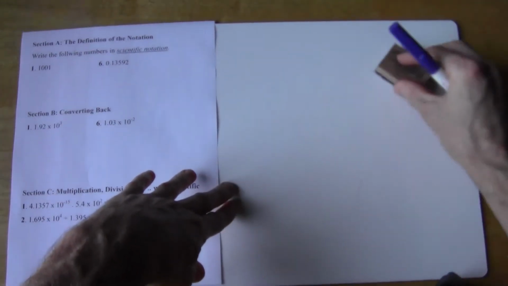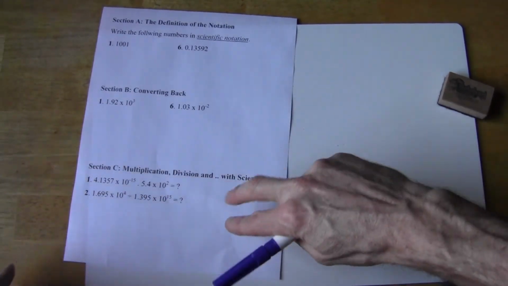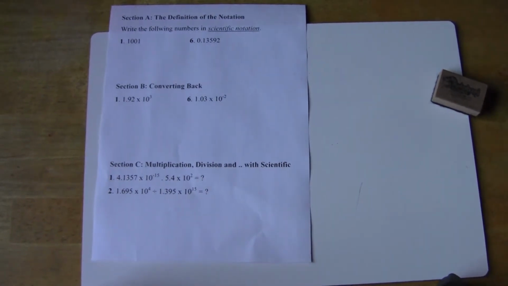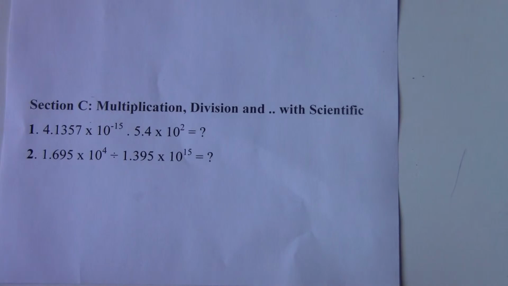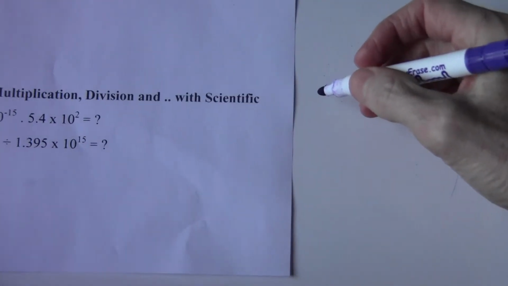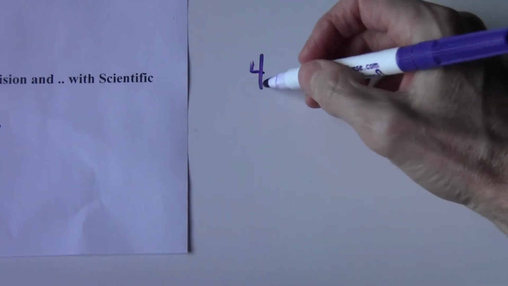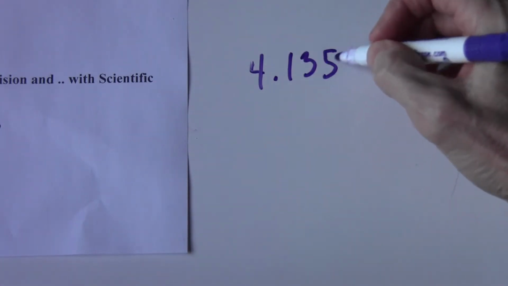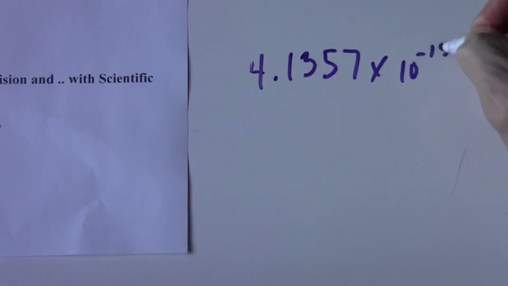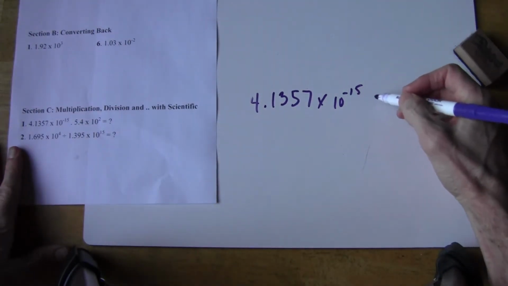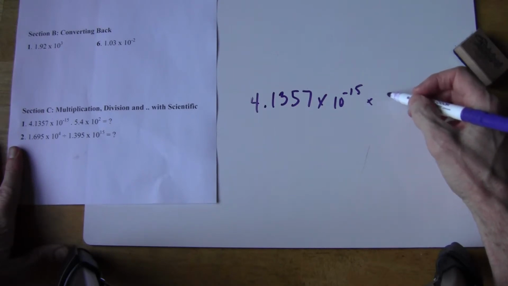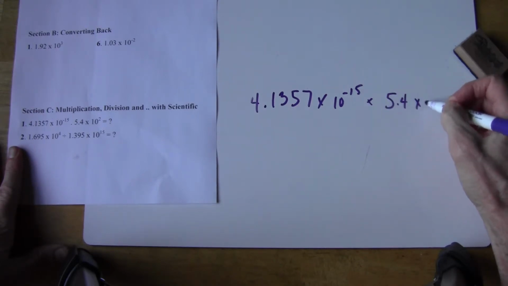Now the last style is a little more challenging. They're going to ask you to multiply or even divide, maybe even add with scientific notation. So let's look at this problem right here. 4.1357 times 10 to the -15th times 5.4 times 10 to the second.